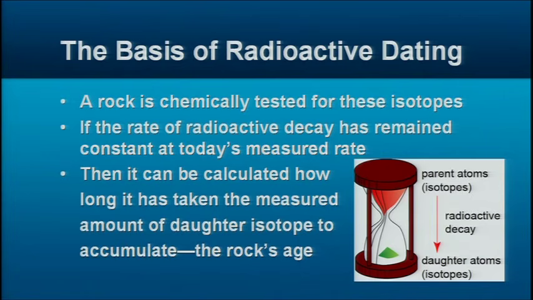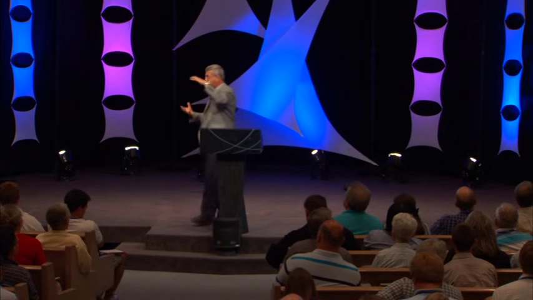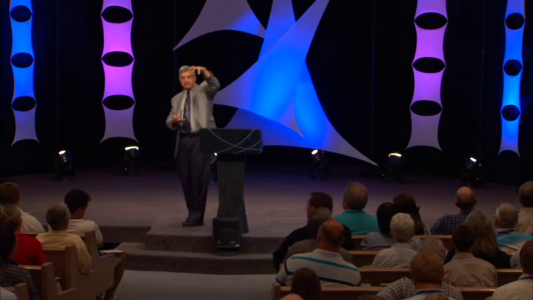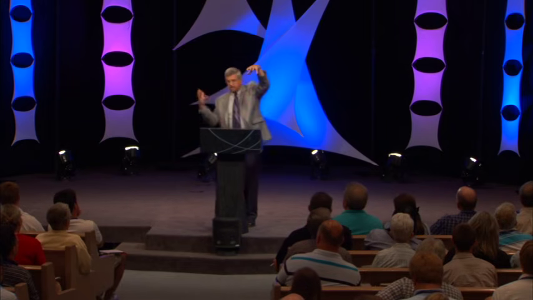Now, I've included on the screen there a little hourglass to give you the idea, because the analogy is quite simple. The sand in the top glass bowl represents the parent atoms. The sand in the bottom glass bowl represents the daughter atoms. As they fall, the parent atoms change to daughter atoms down the bottom, and the falling process is analogous to radioactive decay.